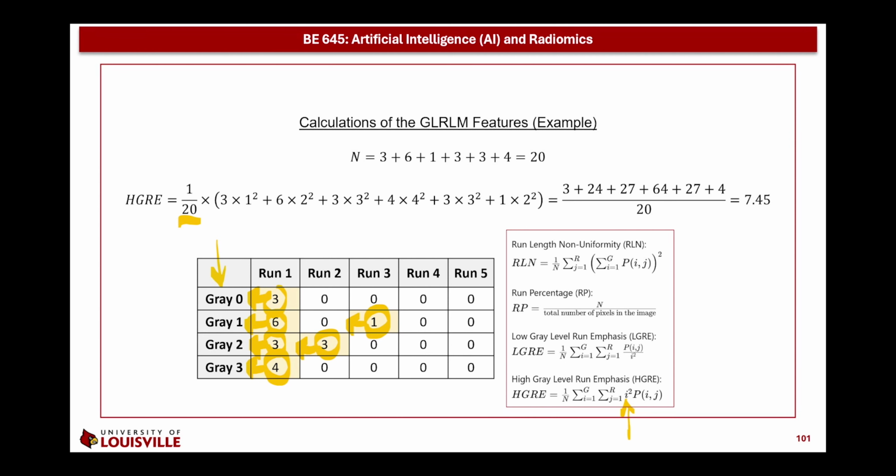So you will get 7.45. And just to note, we multiplied, for example, 3 here by 3 squared because the counting here starts from 1, but in code we started from 0. So you can write 1, 2, 3, 4 and start to do the multiplication.